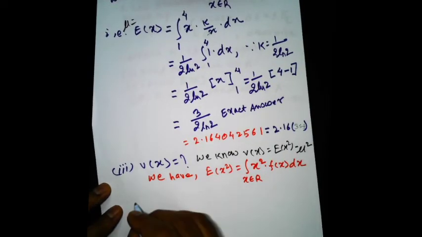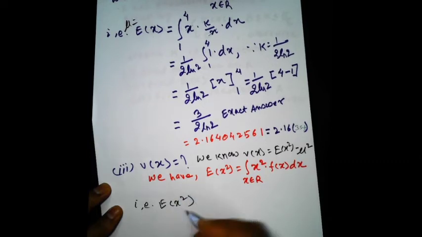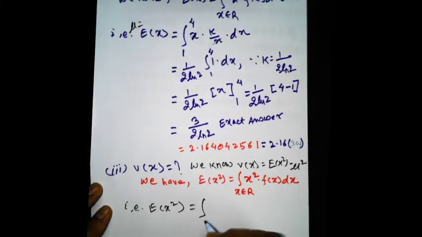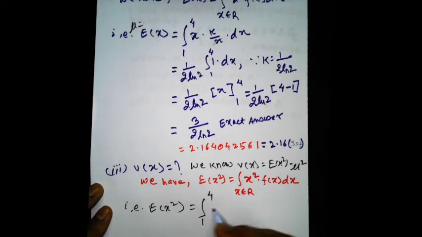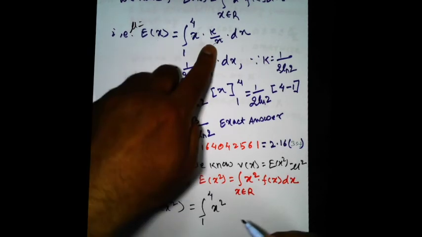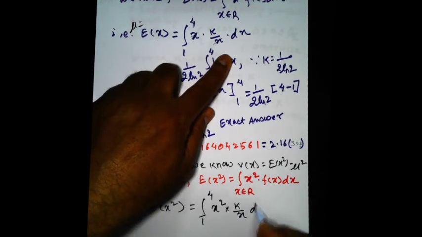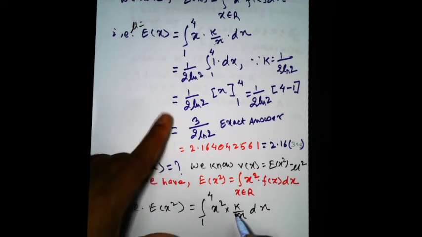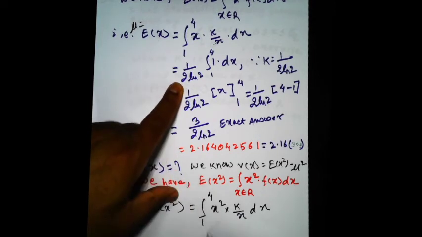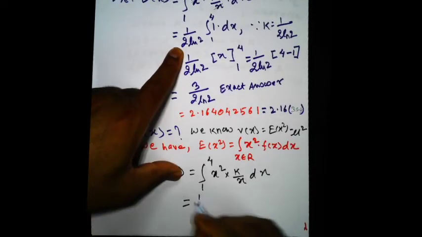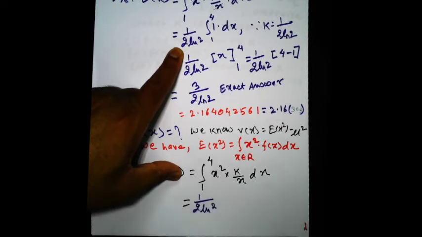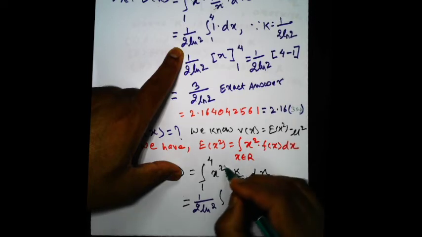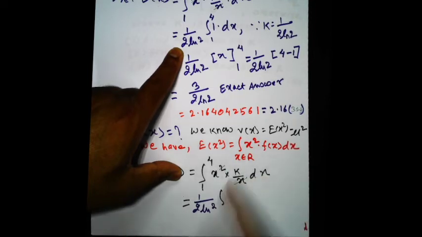So the expectation of X squared equals, our range of values for x is 1 to 4, you can see from here also it is 1 to 4. Then we have x squared, our f(x) value is k over x, then dx. So you can write this k value over here also from here. The k value is 1 by 2 ln 2, and you can take it out first. Then the integration, with x in the denominator, and one x will be cancelled out from numerator and denominator.